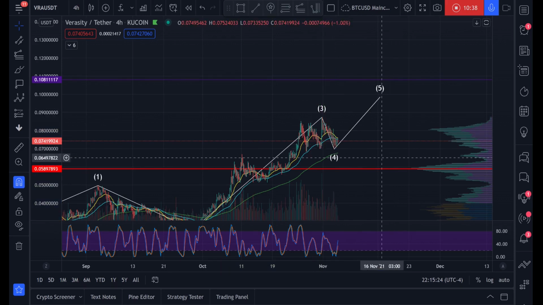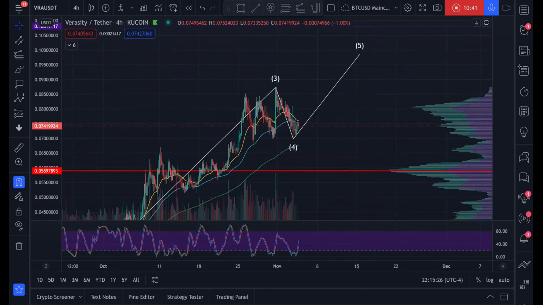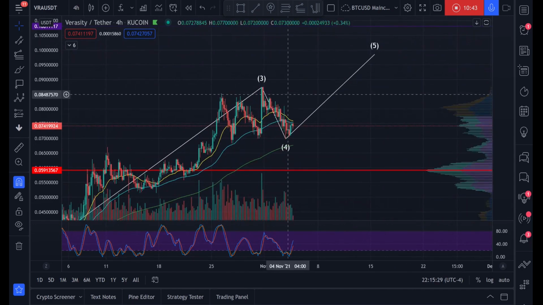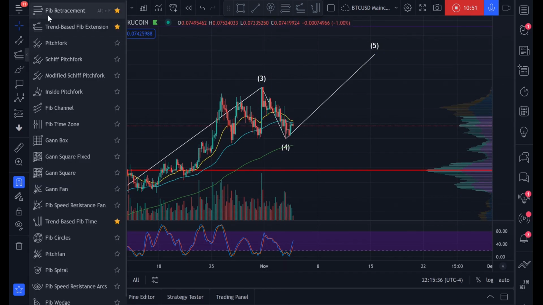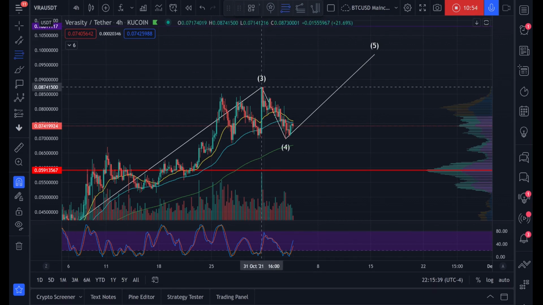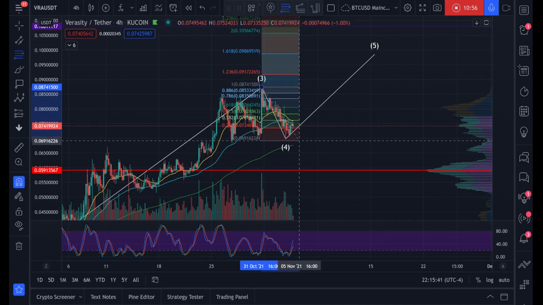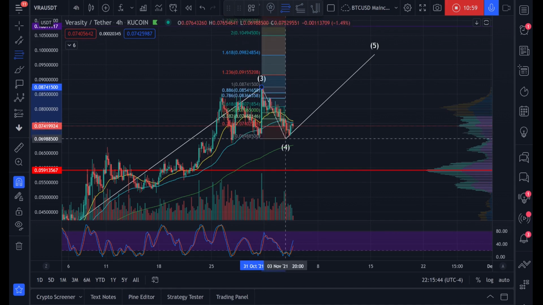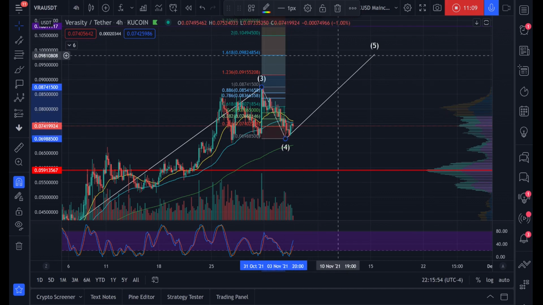Now, the other way we can find it is, according to Elliott Wave theory, you can take the inverse 1618 of the wave 4. So you go to the Fibonacci retracement tool, top of wave 3 to the bottom of wave 4, and you get here their inverse 1618, okay?